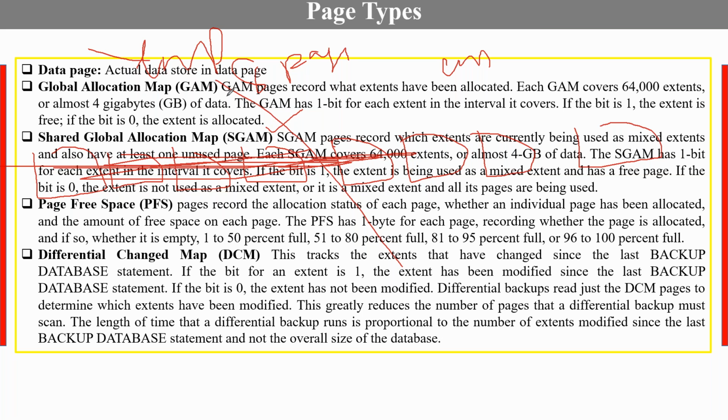Once it is full, it will get pages again from the GAM. First it will validate whether any extents are mapped to this table and whether those extents contain any free space. If yes, it starts inserting the data there itself. Once that is done, it will again get pages from the GAM. Okay, got it, sir. Thank you.